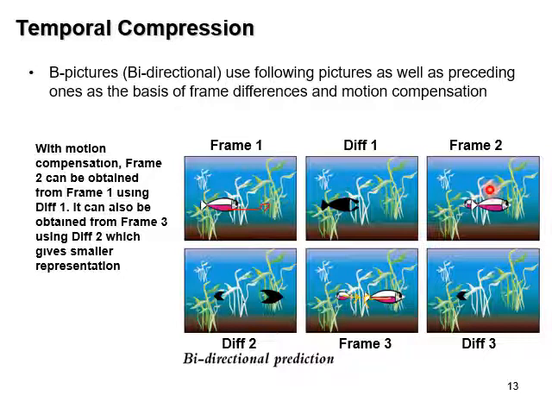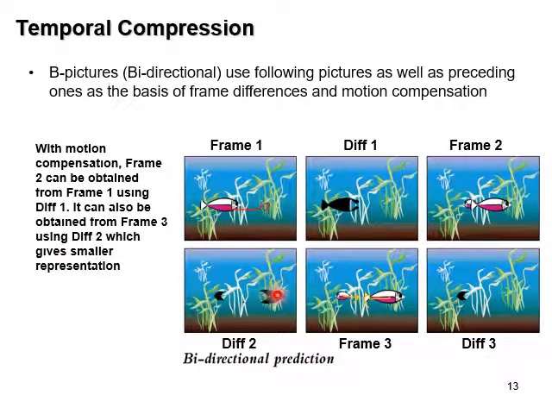So by representing frame 2 relative to frame 3, although frame 3 happens after frame 2, we are making use of that. And this is what we need to store: this from frame 2, this from frame 2, in addition to the two displacement vectors. So frame 2 can also be obtained from frame 3 using diff2, which gives a smaller representation.